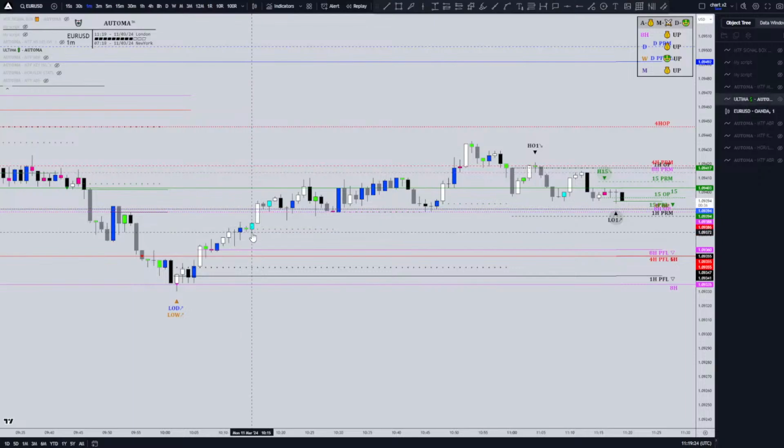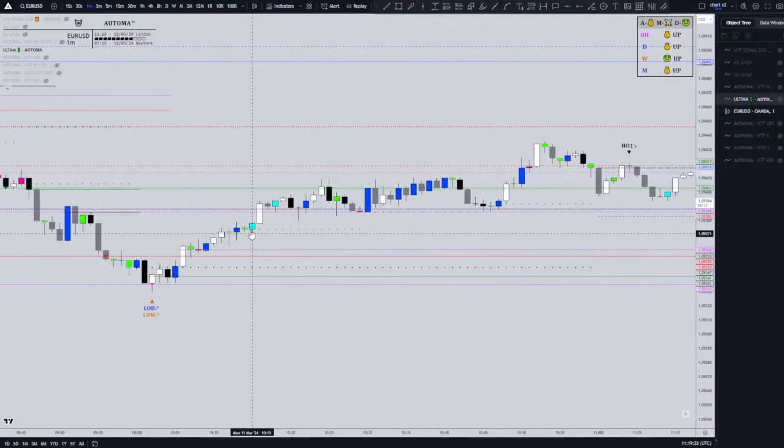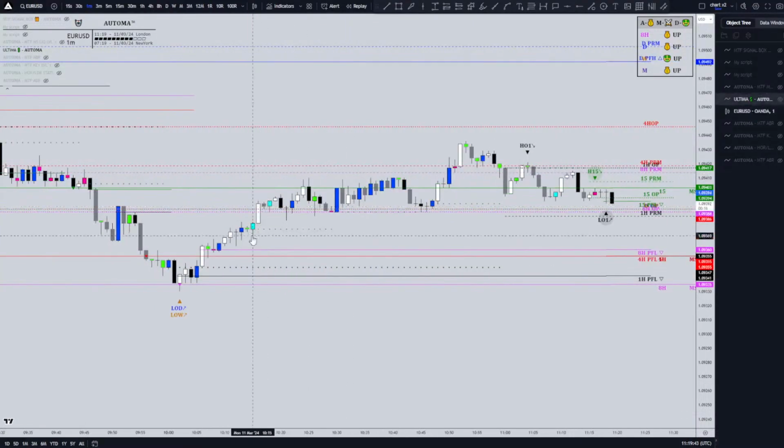So what happens? A new 15-minute opens, bang, pin bar engulfment. This bullish pin bar engulfment, instantly what does it mean? Look, it dropped down, took out this previous candle, closes as an engulfment, a pin below, close above what? This 15-minute open. That means what? In 1 minute, flipping bullishness on the 15-minute candle as it starts.